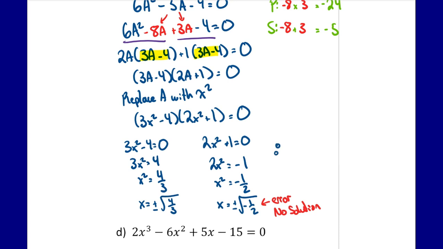So therefore, x is equal to plus the square root of 4/3 and negative square root of 4/3. The negative square root of 4/3 is different because it's taking the square root of 4/3 and then making it a negative number. It's not the same as taking the square root of a negative.